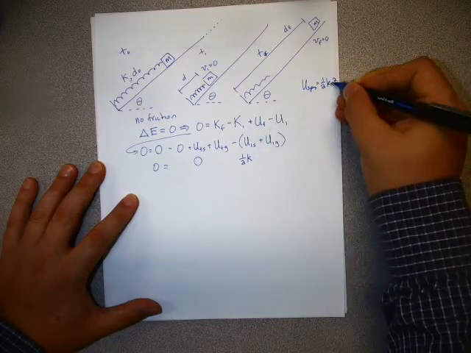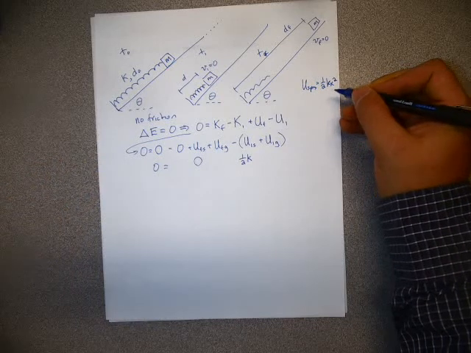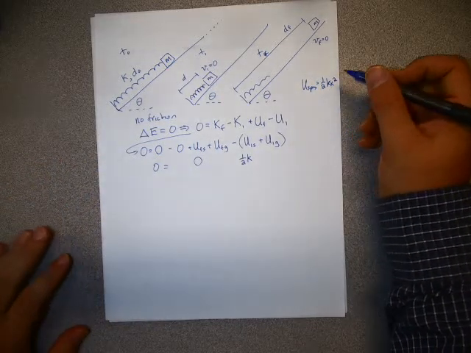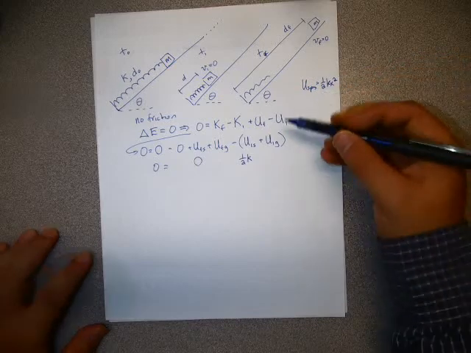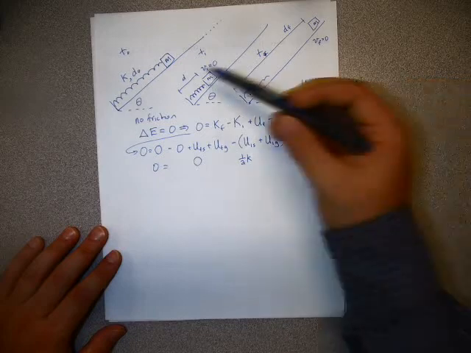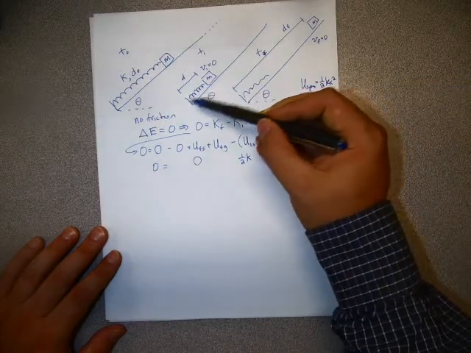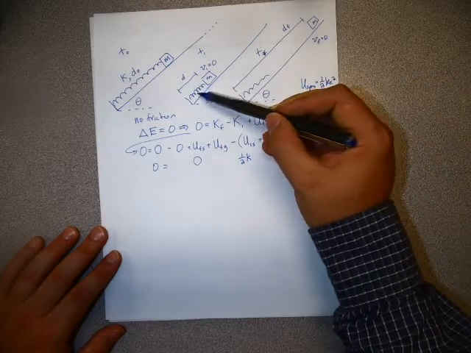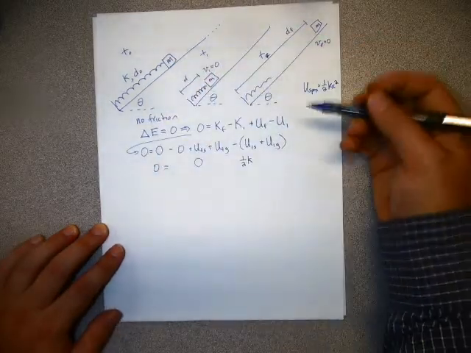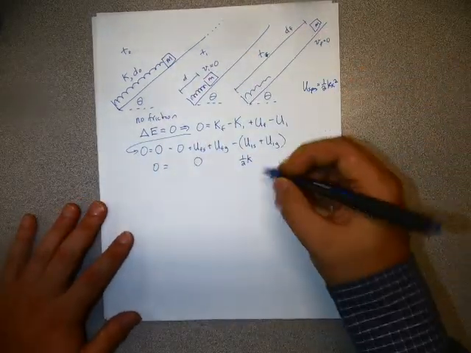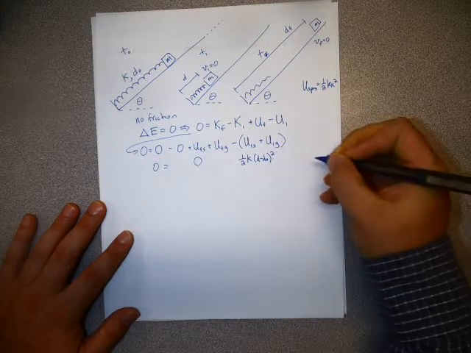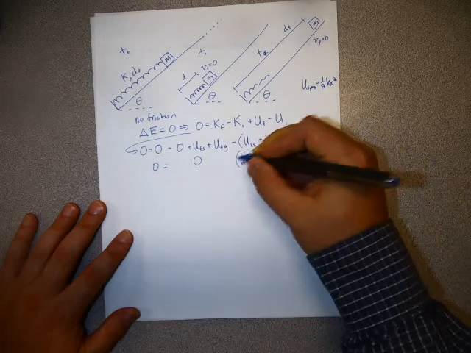But we need to remember that the x stands for the amount that the spring is stretched, or compressed. So how much is the spring compressed at time 1? d tells me the total length at time 1. d naught minus d. That's good. And it doesn't matter which one's which because we're going to square it. Okay, so we've got d minus d naught squared. So that goes there.